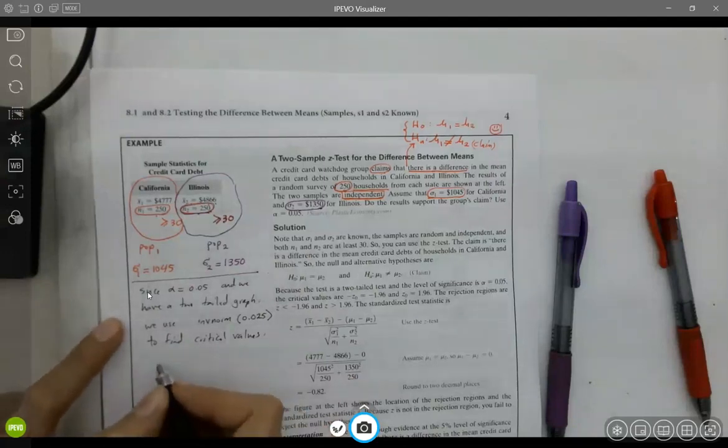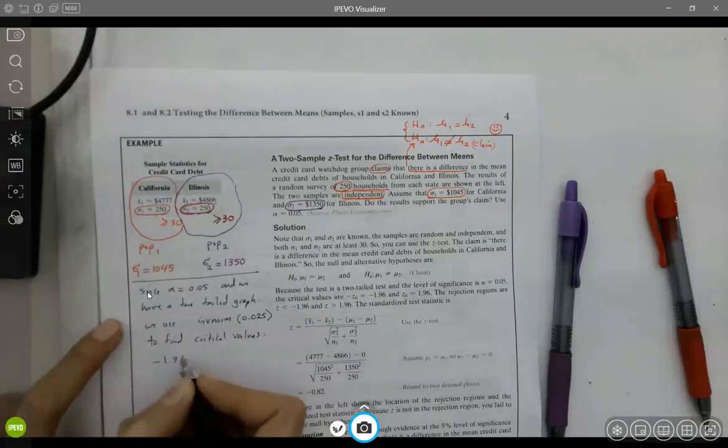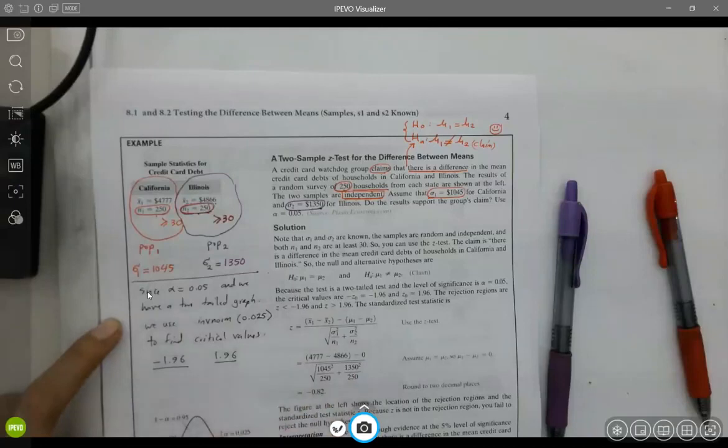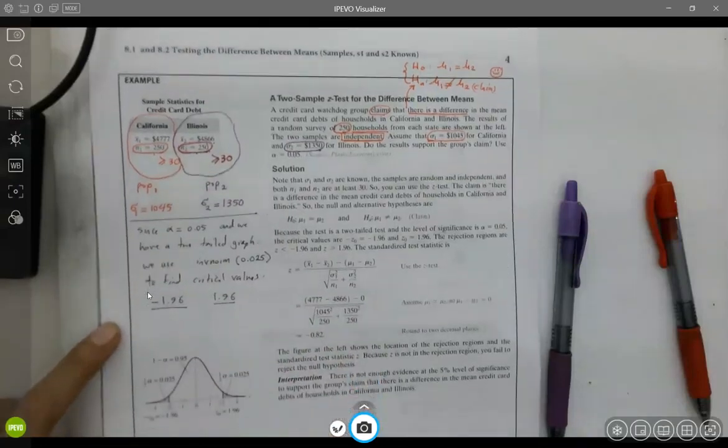So our critical values are negative 1.96 and positive 1.96. Let us take a look at our graph.